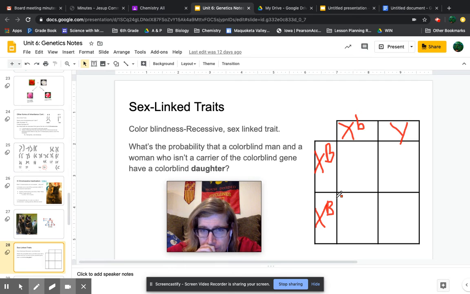So, what's the probability that they will have a colorblind daughter? All right, so if we were to draw these out, we'll do the capital first again, just like we did before.